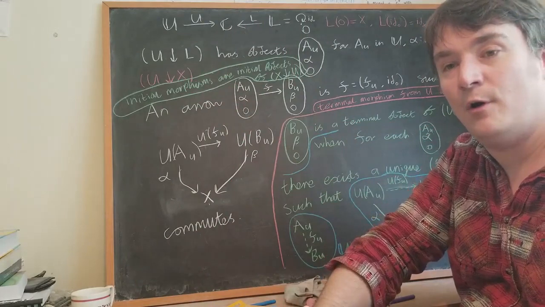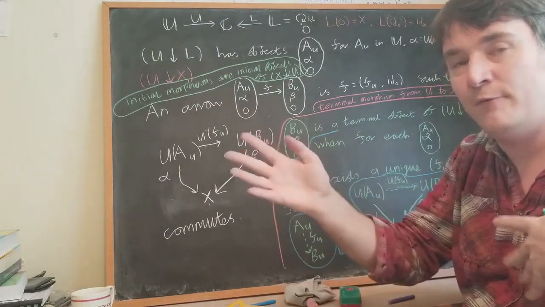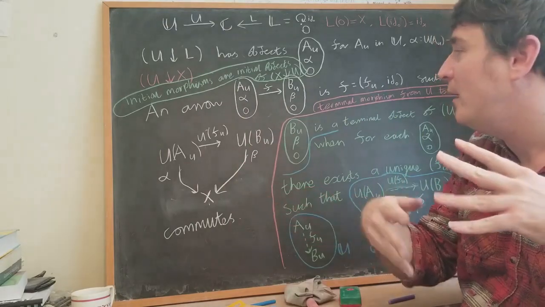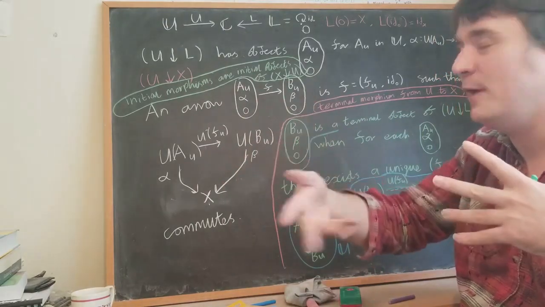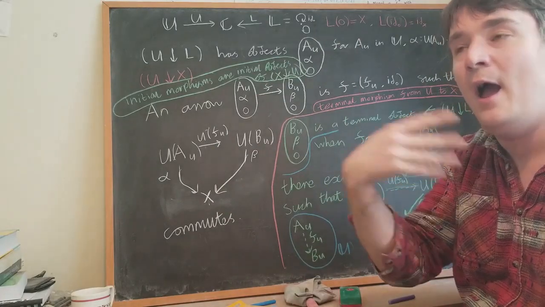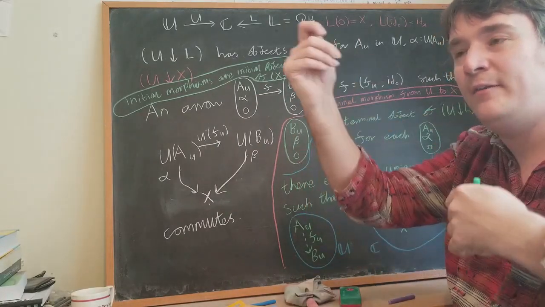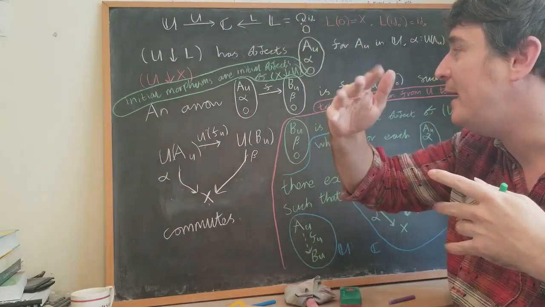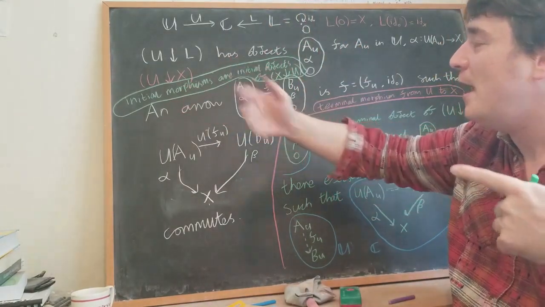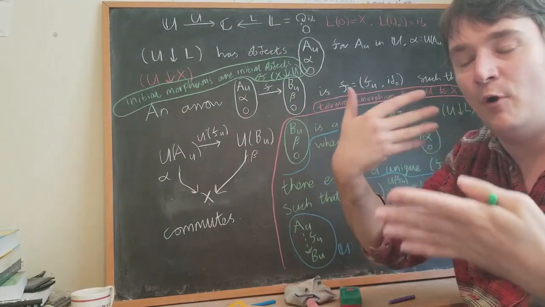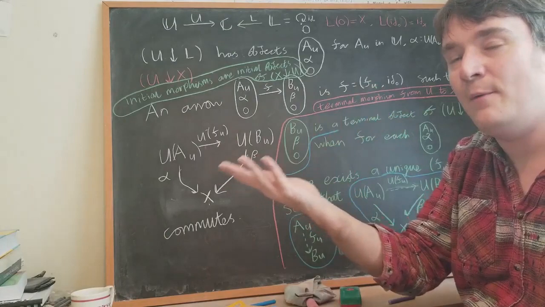And so now we know that any universal object either corresponds to a terminal object of a comma category or an initial object of a comma category. And also we know that any two initial objects of a category are going to be isomorphic. So again, we know that any two initial morphisms involving the same things are going to be isomorphic to each other. So there we have it.